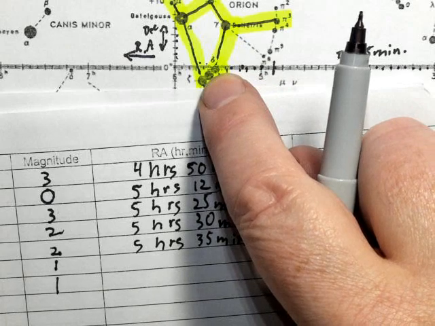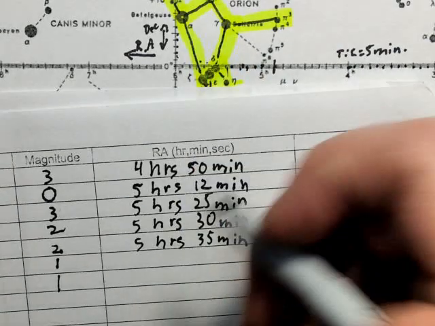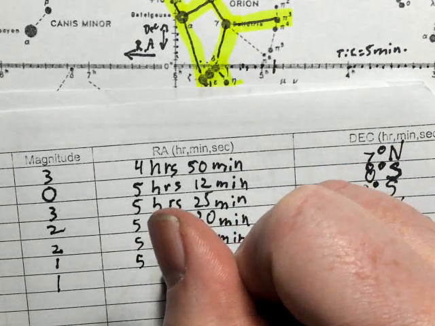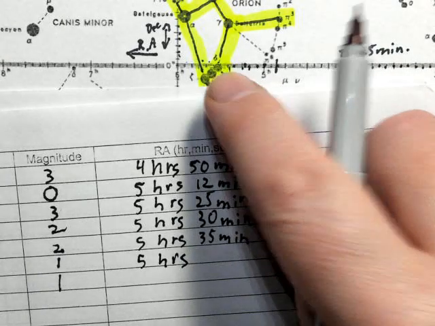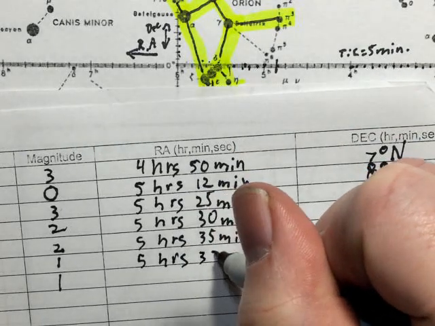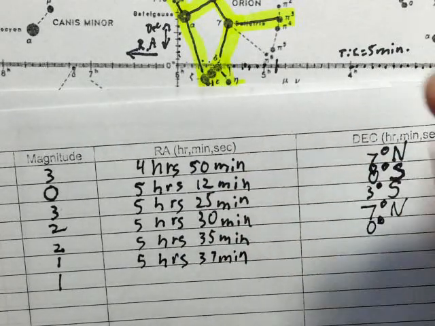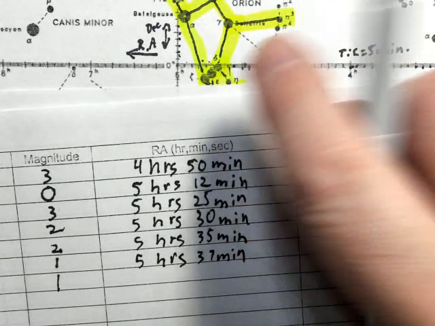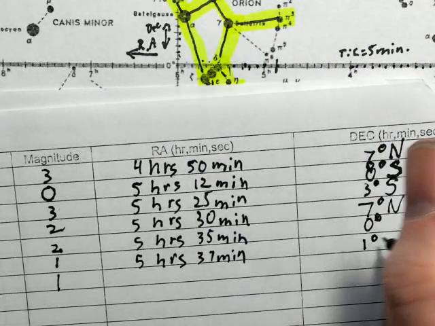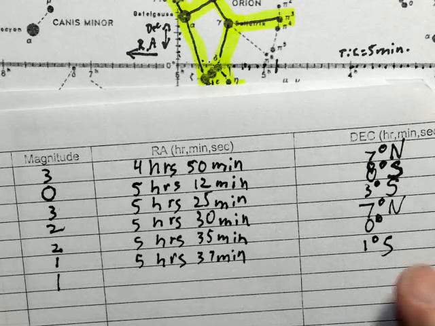The next one down looks like 5 hours and maybe 37 minutes. And it looks like maybe 1 degree south.